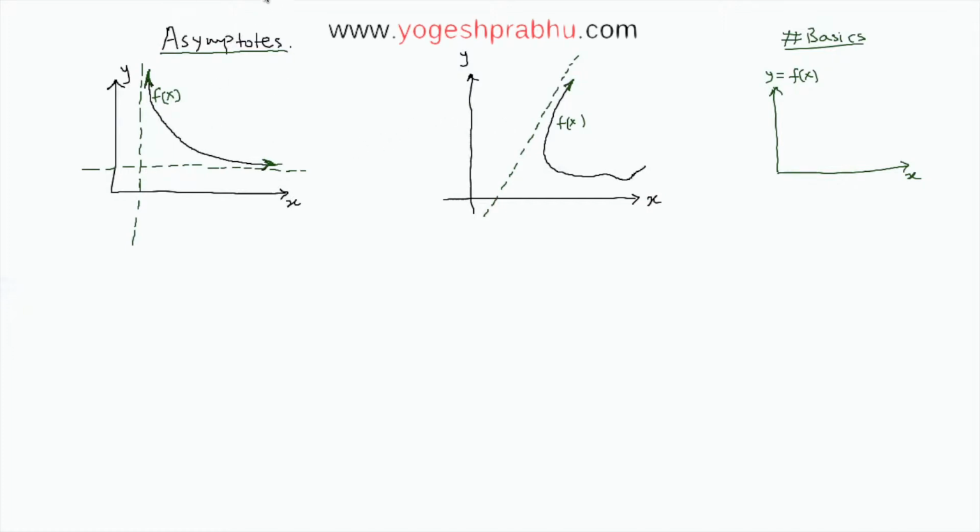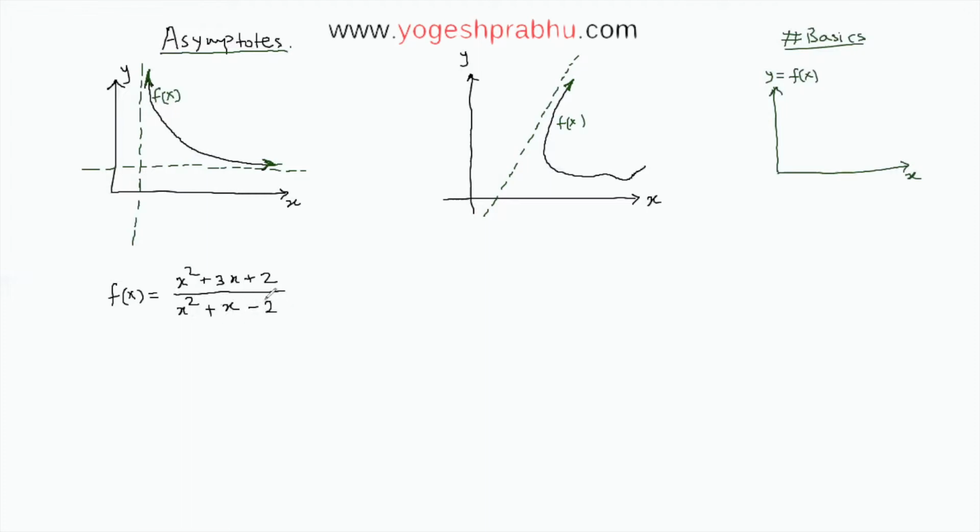I'll give you some examples to explain how an asymptote works. Let us begin with the first example. Supposing I have a function f of x that is x square plus 3x plus 2 divided by x square plus x minus 2.